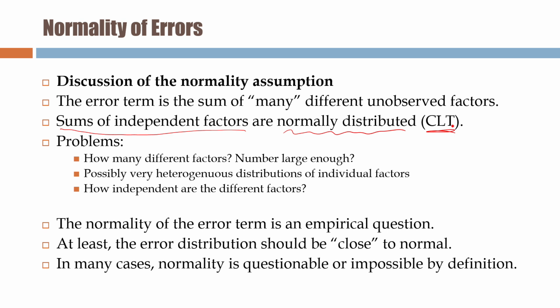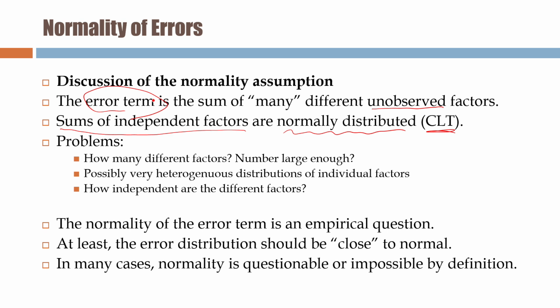The central limit theorem says that if we just add up random variables, the summation of those random variables will follow the normal distribution. Since the error term is the summation of many different unobserved factors, we can assume our error term is normally distributed.